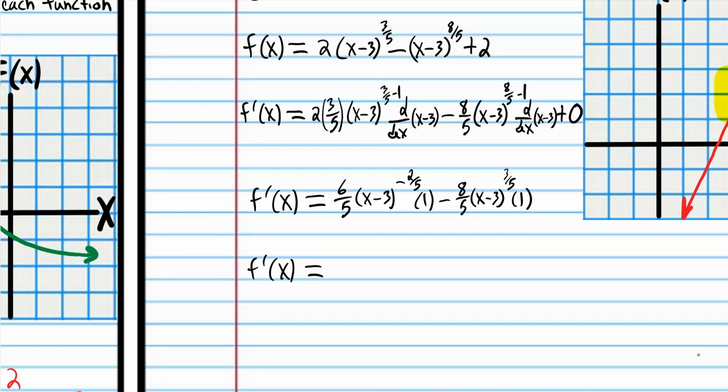So in order to actually figure out what this means, we have to use exponent rule number 8 and get rid of that negative on the exponent. And we can also use exponent rule number 10 to change this to the 5th root of x minus 3 to the 3rd power.